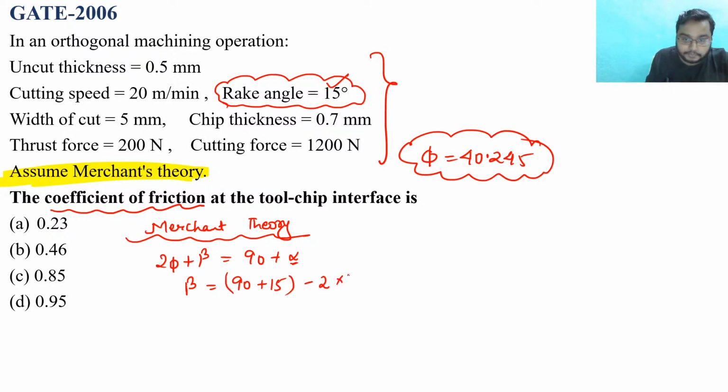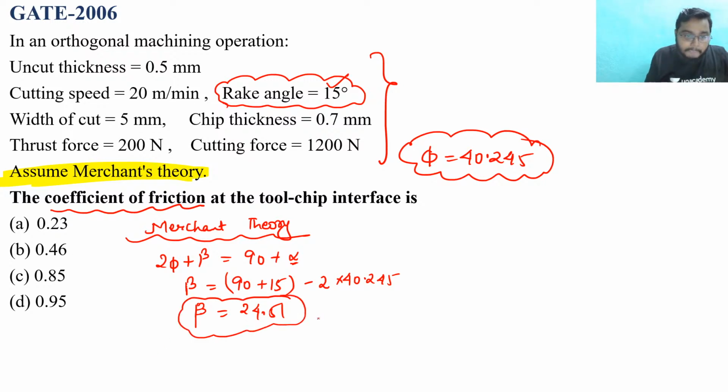So phi is your 40.245. When you calculate this, beta would come around 24.51.